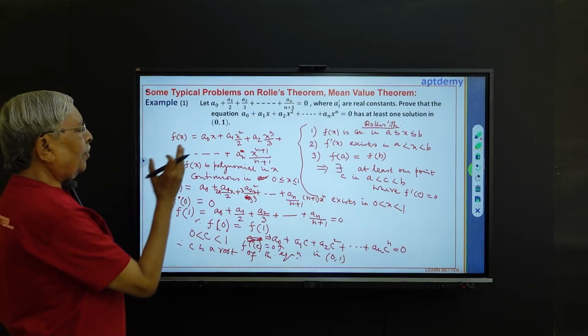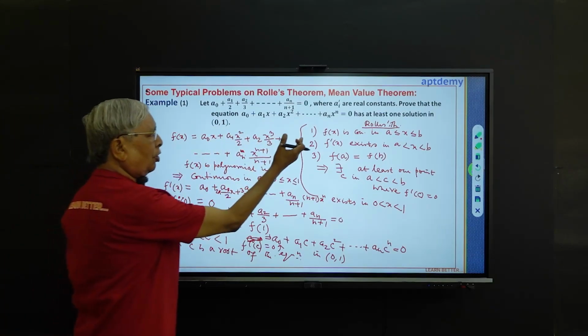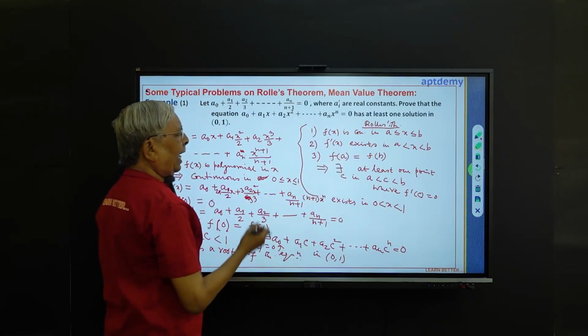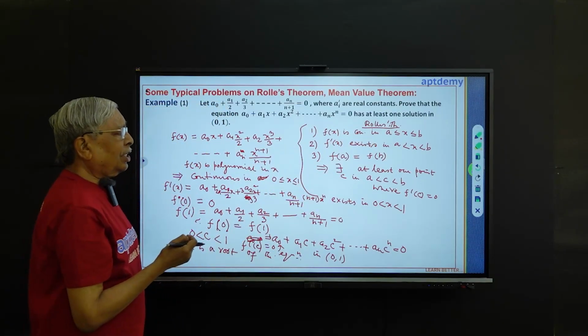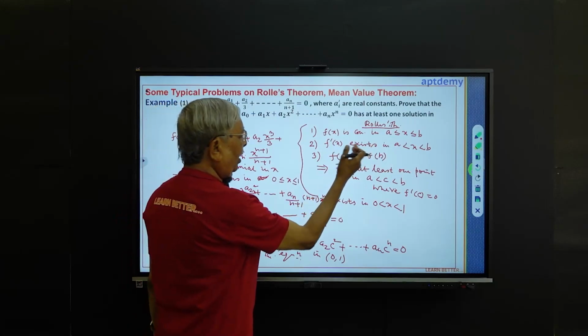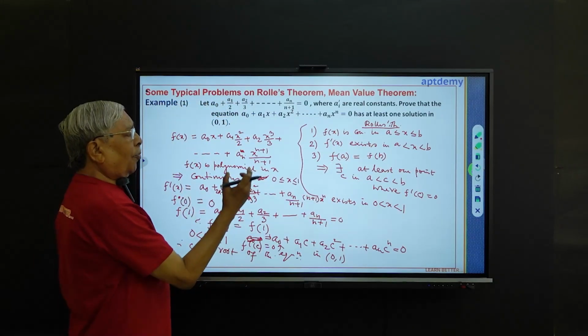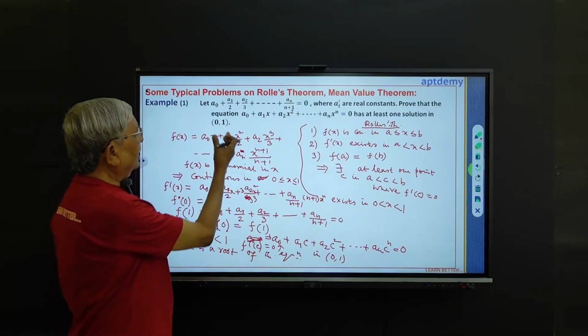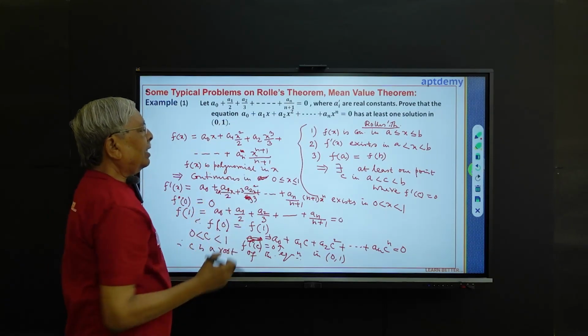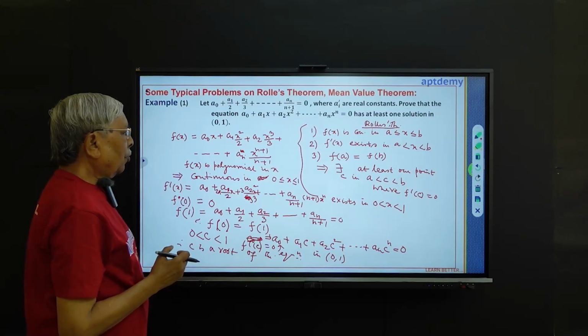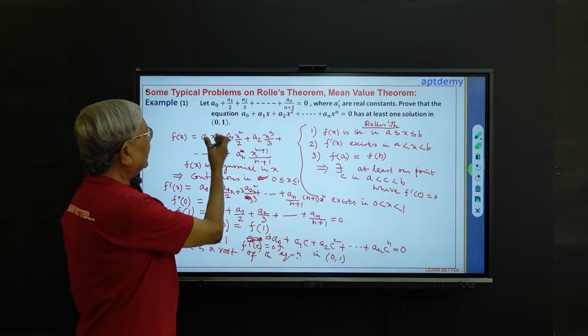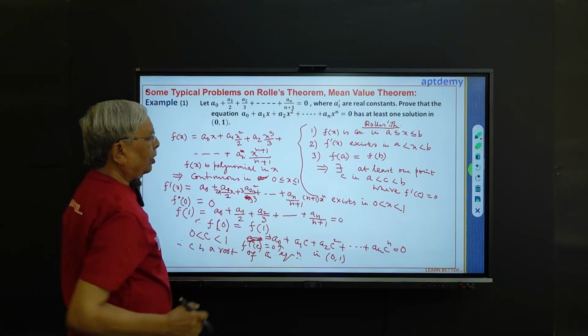So what have we done? We have taken a polynomial. First condition, we have shown that it is continuous. Second condition, the derivative exists in the open interval, and at the extreme points the value of the function is equal. So there is at least one point c in between this interval 0, 1 where the derivative is 0. So we have seen that this equation has at least one root.